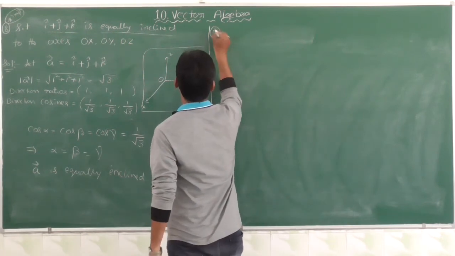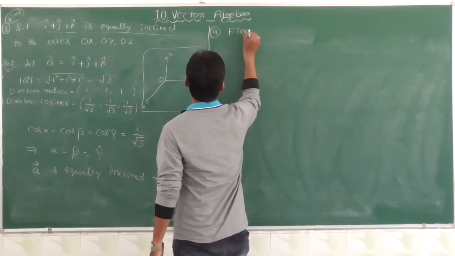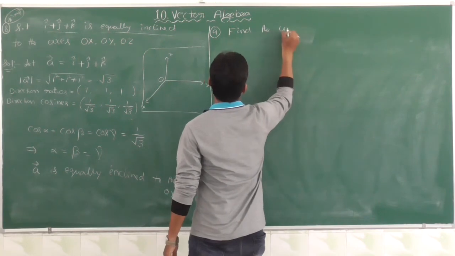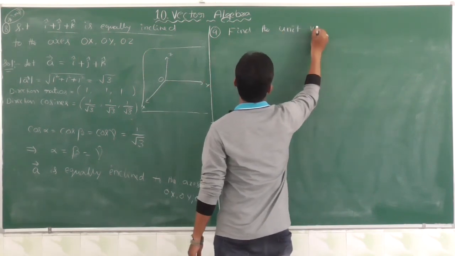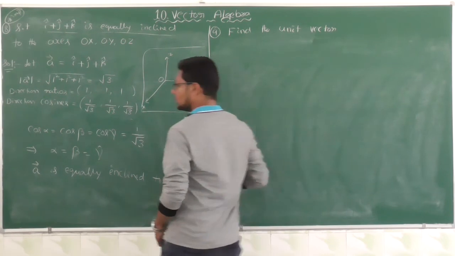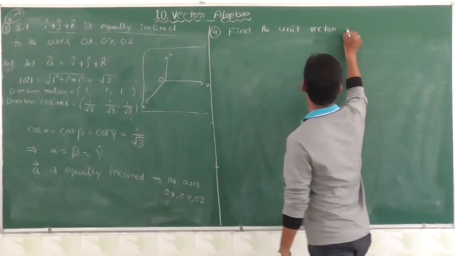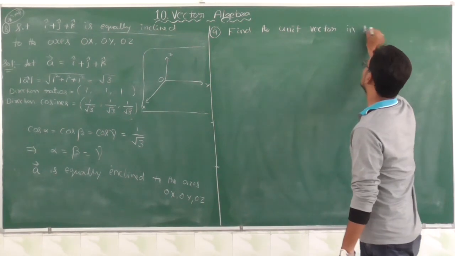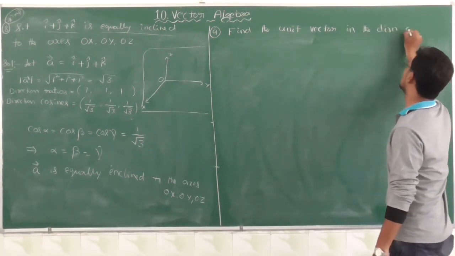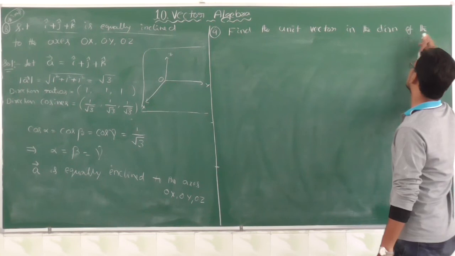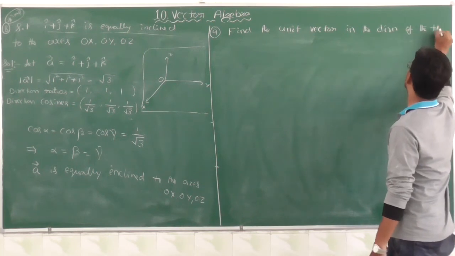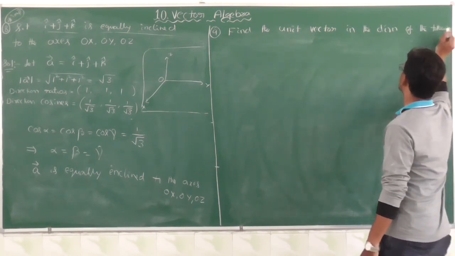91. Find the unit vector in the direction of the following vectors.